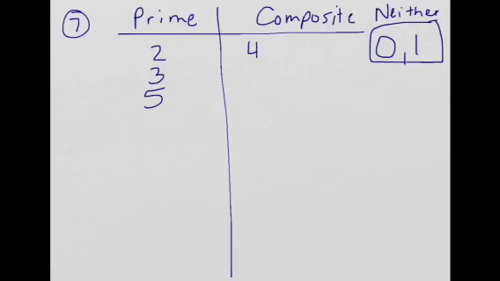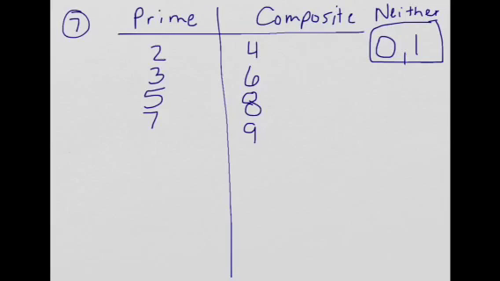5 is prime. 5 times 1. 6 is composite. 6 times 1 and 2 times 3. 7 is prime. 7 times 1. 8 is composite. 1 times 8, 2 times 4. 9 is composite because you can do 1 times 9, 3 times 3.